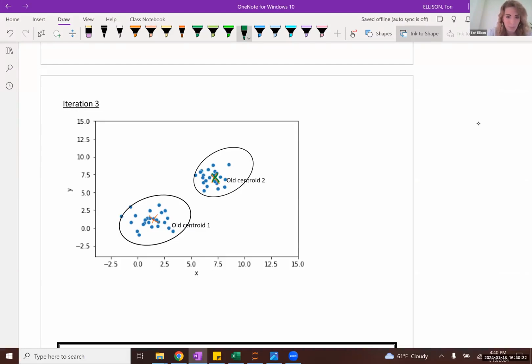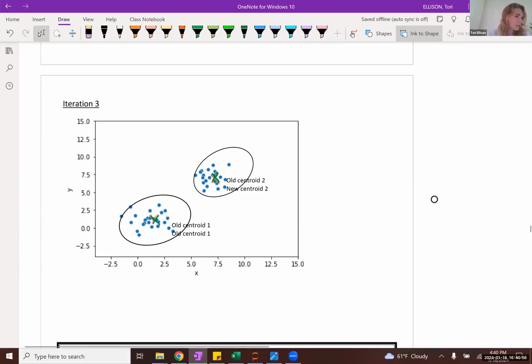So now my new centroid is here, and my new centroid is here. Okay. And so now I can see that my new centroids are exactly the same as my old centroids. So therefore, the algorithm stops, and this is our final cluster.